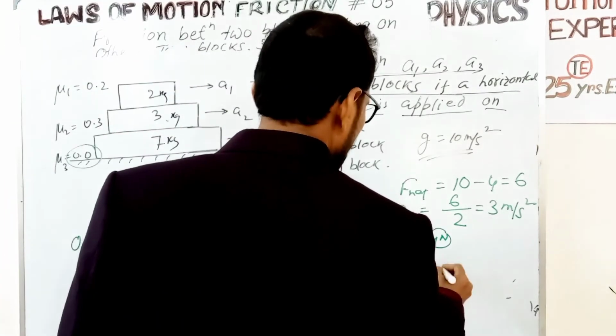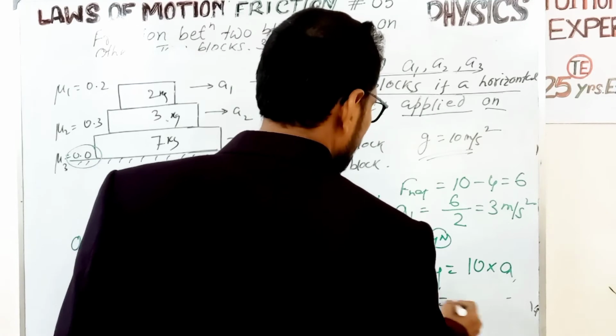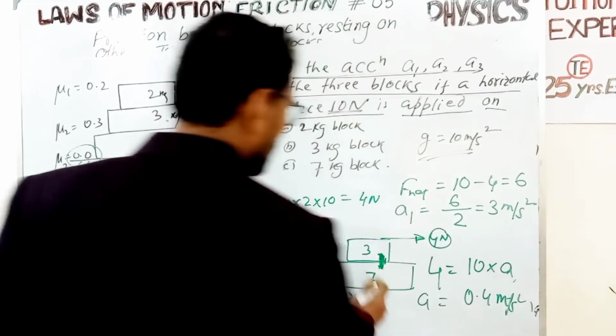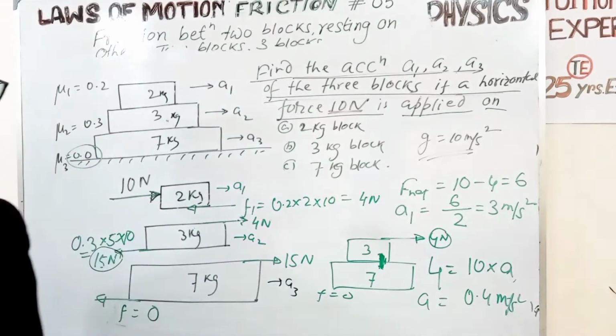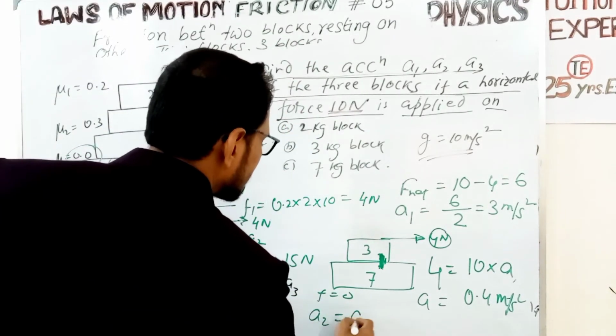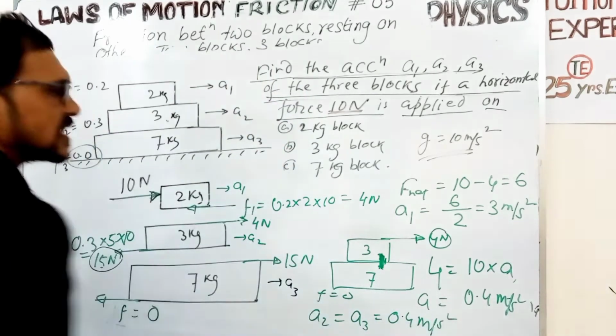So force equals mass into acceleration. A equals 4 by 10, that is 0.4. The acceleration of 3 and 7 is the same, so A2 and A3 equal 0.4 meter per second square. So this is the answer.